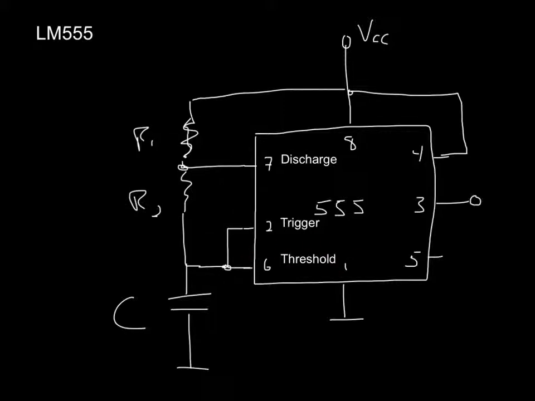That's 2/3 VCC. When that happens, we turn off the system and we open up 7 to ground, and therefore whatever charges here can go back out through R2 to ground.